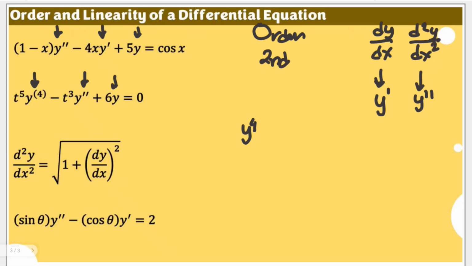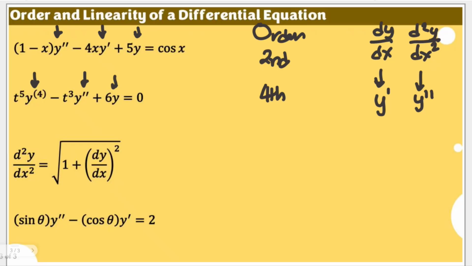But if you see y with a superscript under open and close parentheses, this is actually an order of derivative as well. Since it's 4, the order here is fourth order. It's not an exponent of y, but an order of derivative of y.